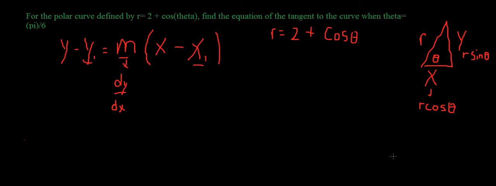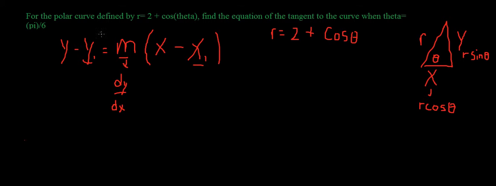So in order to find the x and y values for this polar function, first we know that if we have this right triangle and this is the value of theta, this function works by you're given a value of theta and that corresponds with a value of r, which is the radius. And for this right triangle, x is the same as r cosine theta and y is the same as r sine theta.